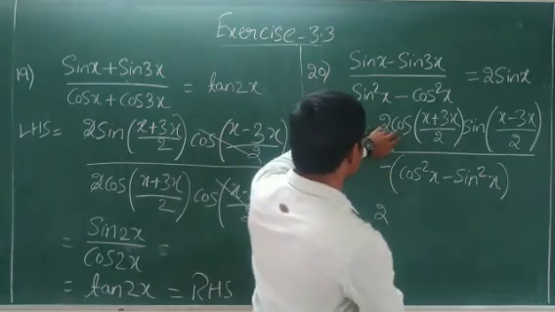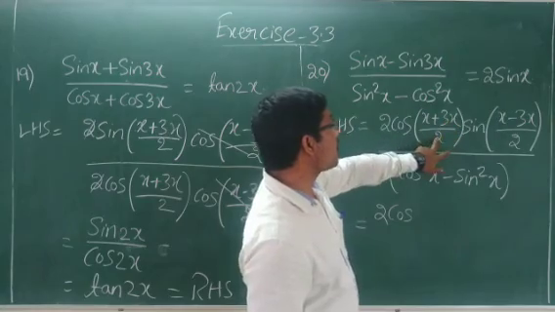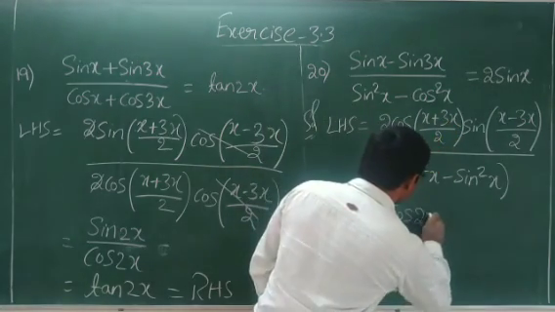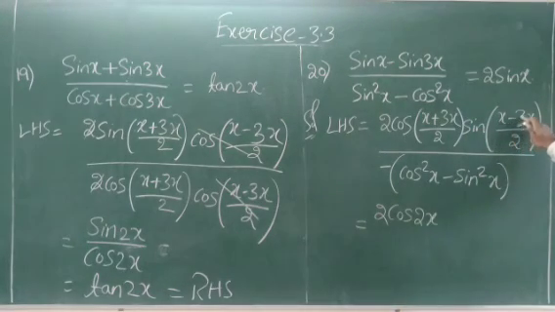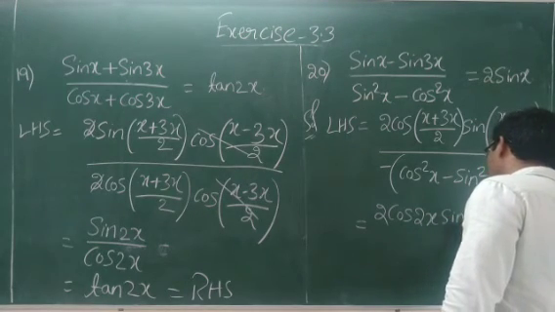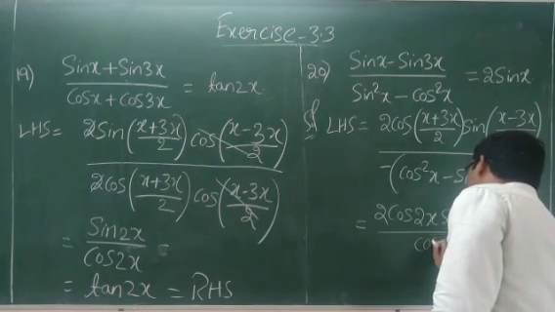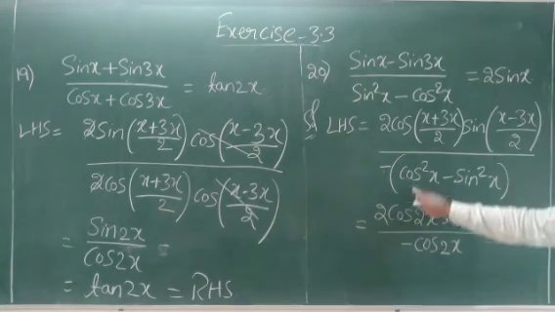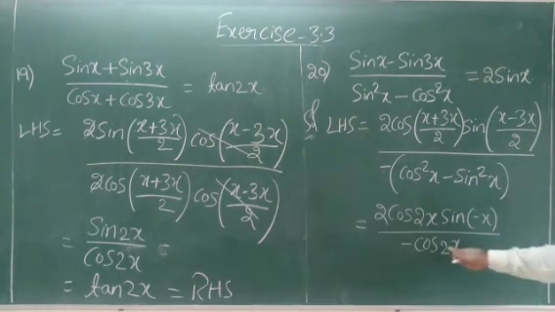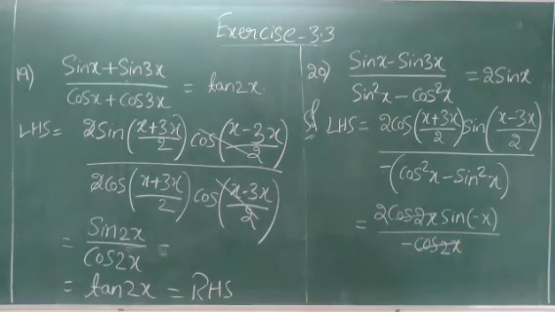So now if you simplify this, we get 2 cos of (1 plus 3) by 2, 4 by 2 is 2, so we get 2 cos 2x. Again (1 minus 3) by 2 is minus 2 by 2, minus x. So we get sin of minus x by, the denominator is cos 2x with a minus. Cos square x minus sin square x is cos 2x. We can cancel cos 2x.